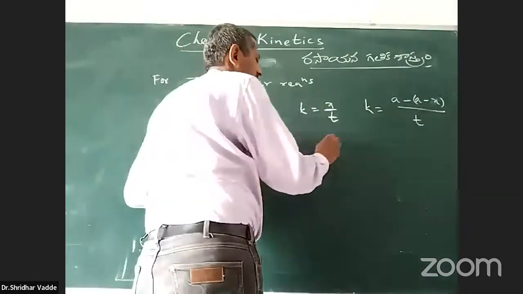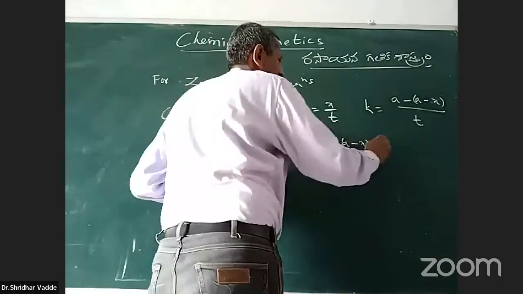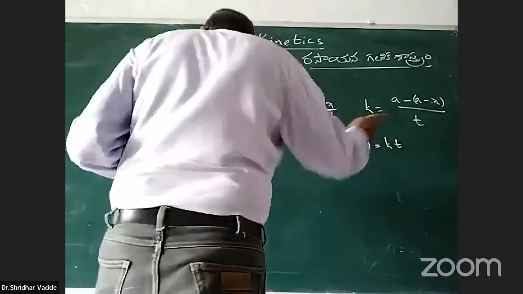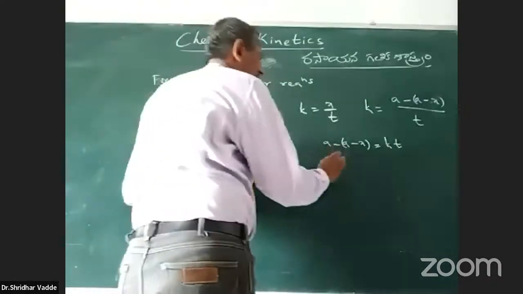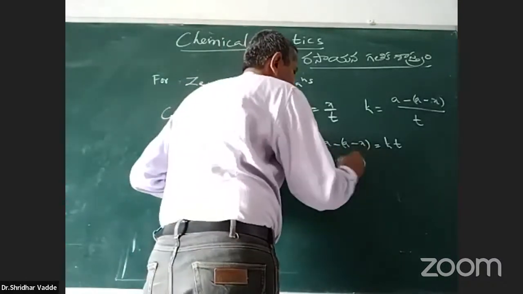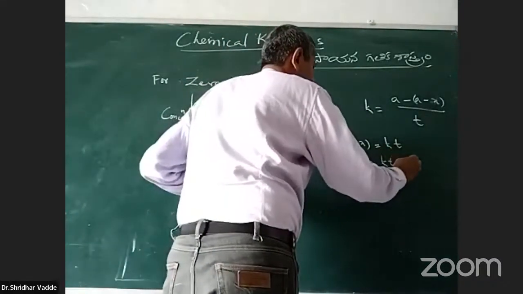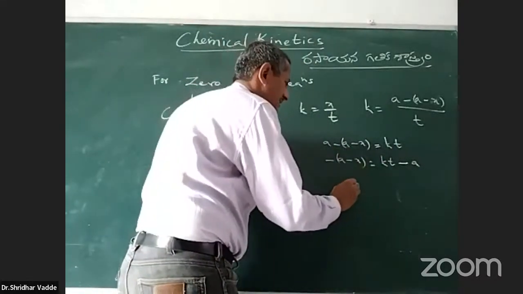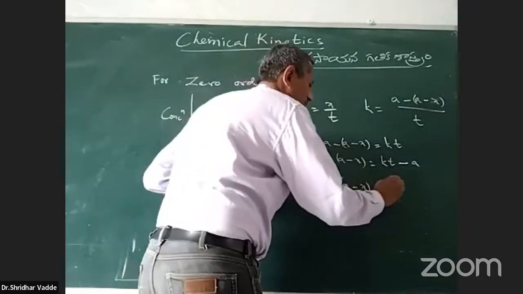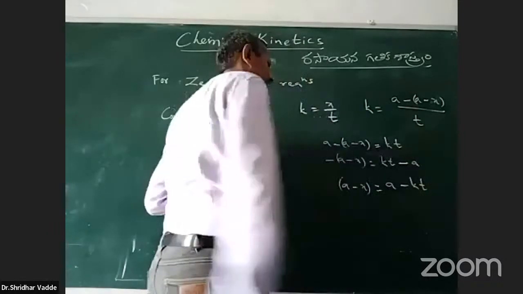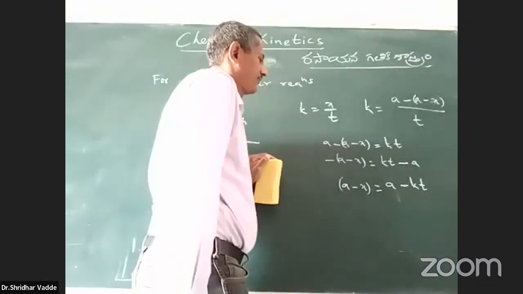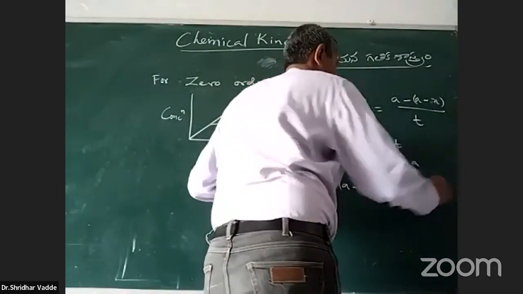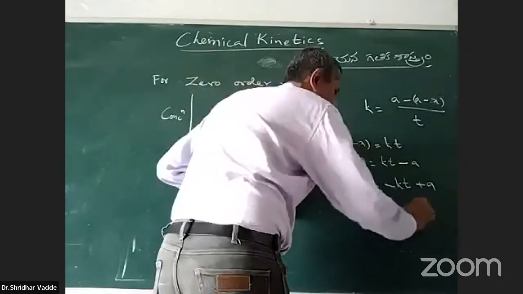If we take a minus x is equal to kt, and send this one to that side, minus a minus x is equal to kt minus a. This can also be written as a minus x is equal to minus kt plus a. This is like y is equal to mx plus c.